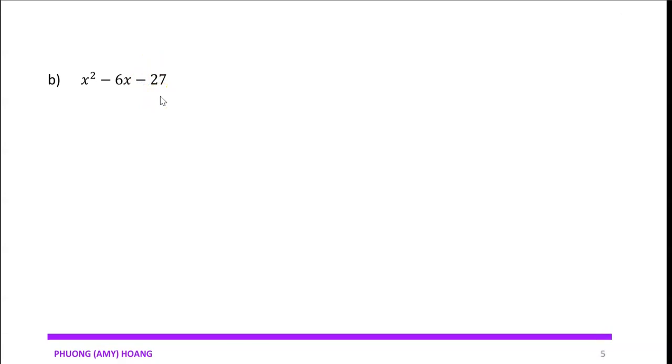Okay, so negative 27, so there must be a negative number and a positive number. They multiply to give you a negative value, and then the sign for the middle term has to be negative as well. So at this point it's probably just automatic. Everyone probably recognizes right away that the two numbers should be negative 9 and 3.